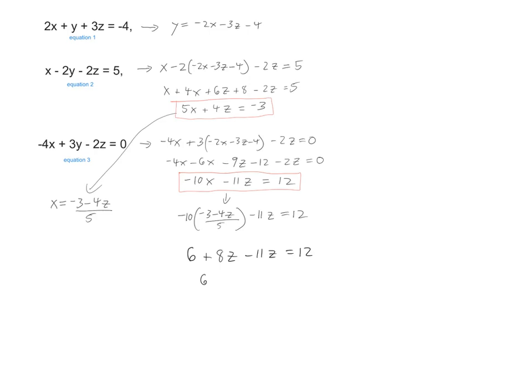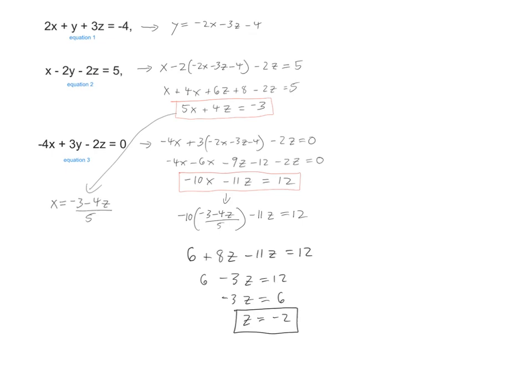So I can write this as 6 minus 3z equals 12. Negative 3z equals 6. Z equals negative 2. So I just determined that z is negative 2.